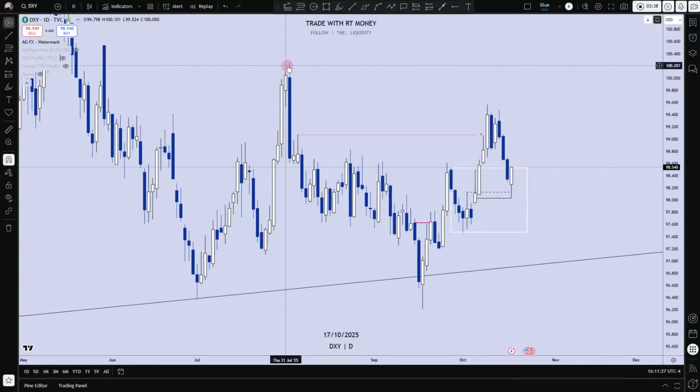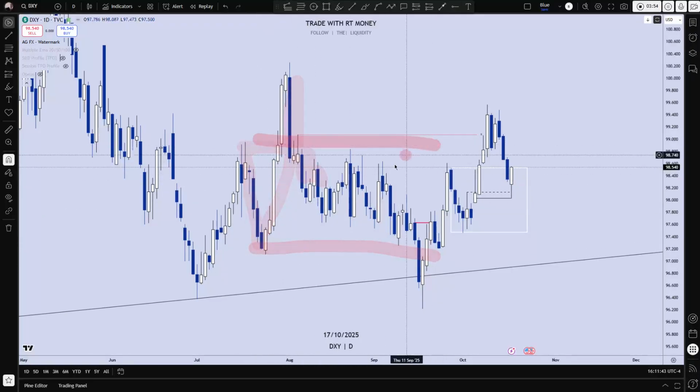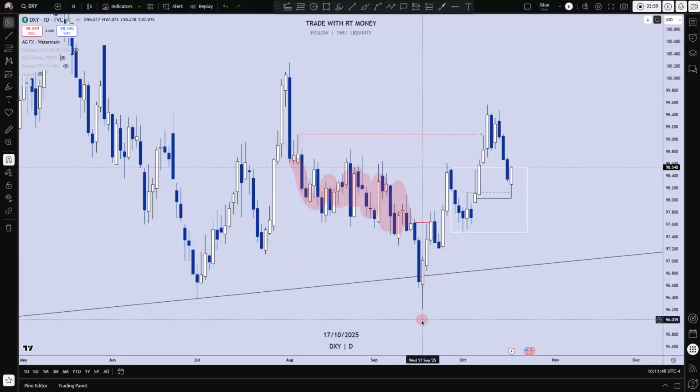In either case, we have an internal break of market structure. While price is up here, we look for price to come back into this area of fair value and find support for higher prices. Well, price decided to move neutrally to the side.